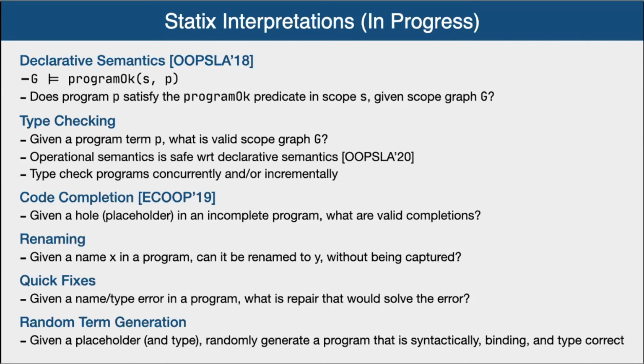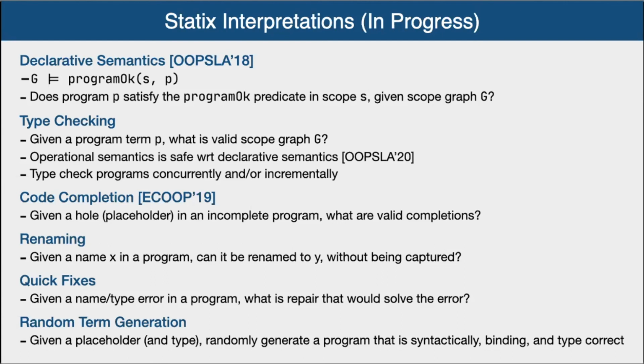Other things we're working on are safe renaming, and language-independent renaming. I should stress that: given a static specification, you get a code completer or a renamer. So can I change the name X to name Y, and is that safe, so that it will not lead to name capture?